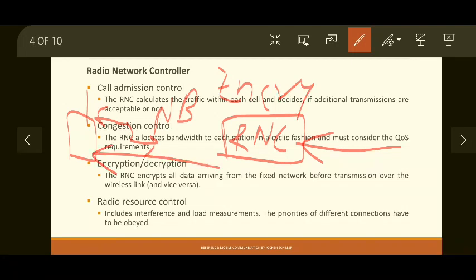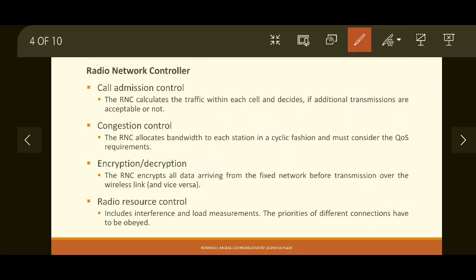In the reverse direction, data is encrypted by the user, given to the RNC via Node B, and that data has to be decrypted before it is given to the external network. So both encryption and decryption will be done by the RNC.